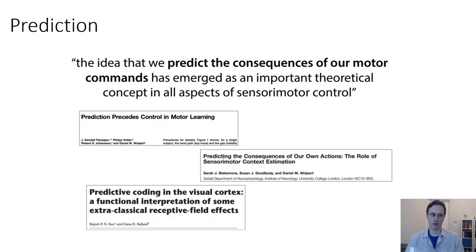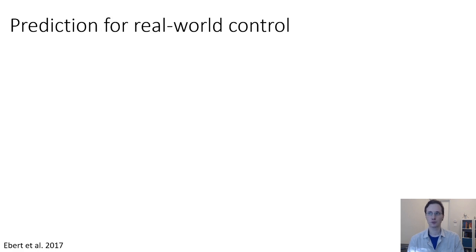Prediction. Prediction is a pretty fundamental component of human and animal control and decision making. There's a quote that says that the idea that we predict the consequences of our motor commands has emerged as an important theoretical concept in all aspects of sensory motor control. Prediction for real-world control is something that is studied in the domain of model-based reinforcement learning.